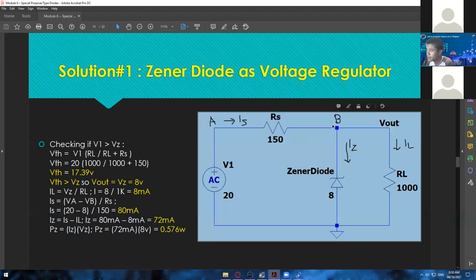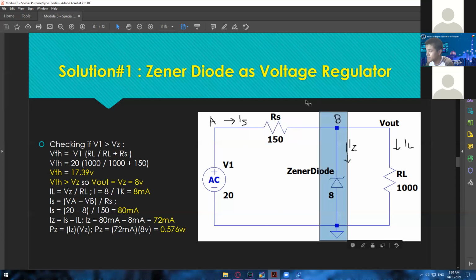In here, we have a value of 8 volts, since this one is higher than our Zener diode, so everything will flow in here, and the voltage reading across this path is 8 volts. So 20 minus 8 divided by 150 ohms is equal to 80 milliamps. That is the current that is passing through this one.